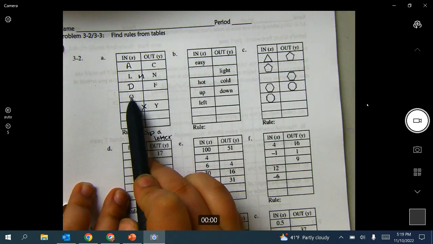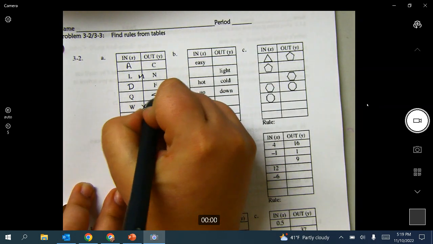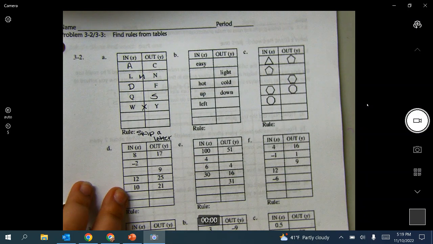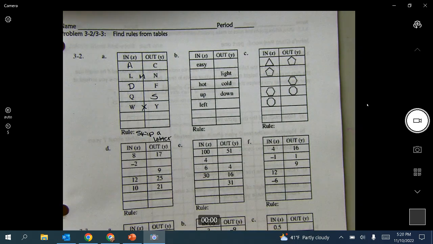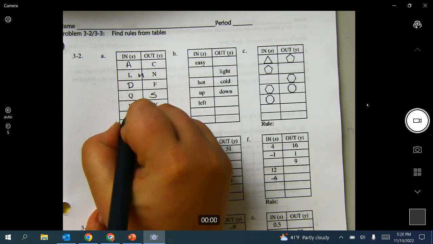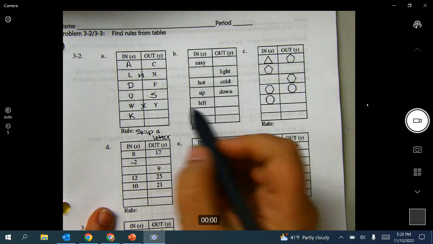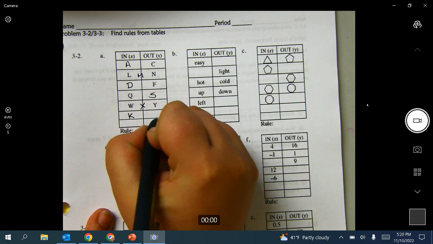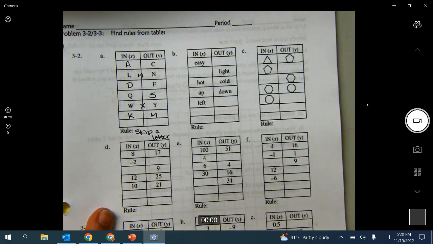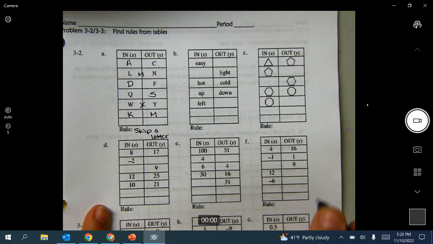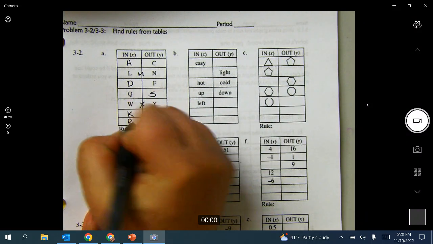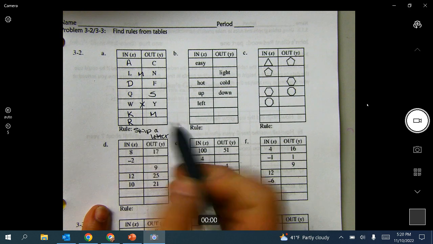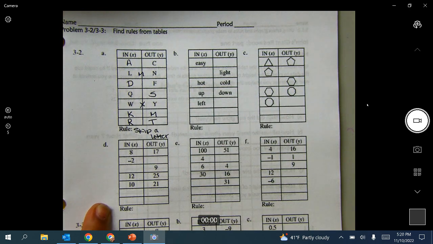So if I have Q, R, S. Down here in these 2 blank rows, my expectation is that you guys are using the same pattern, but doing 2 more examples. If my letter was K, I would skip a letter, so K, L, M. And if my letter were, let's say, R, I would go R, S, and T would be my output.